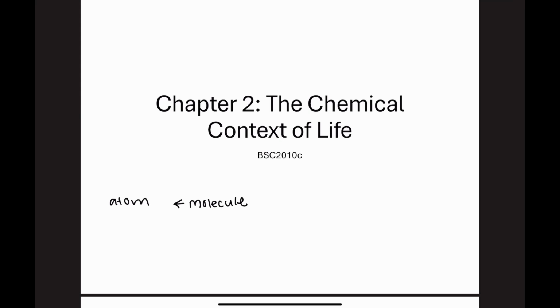Basically, two or more atoms come together and make a molecule. Molecules are eventually organized into cells. Cells are organized into tissues, into organs, into organ systems, then into populations, into communities, and the ecosystem. And lastly, we get our biosphere.